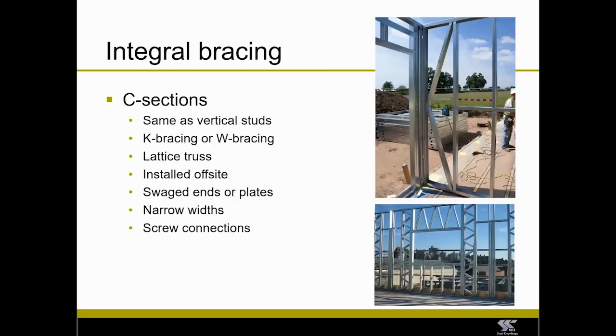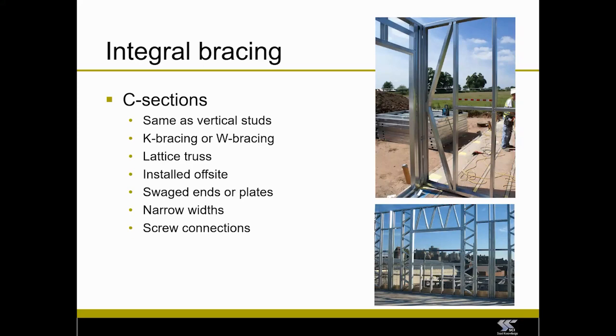The next form of steel-based bracing that's used with light steel framing is integral bracing, sometimes referred to as K bracing or W bracing. And you can see from the photographs there the different forms that it may take.